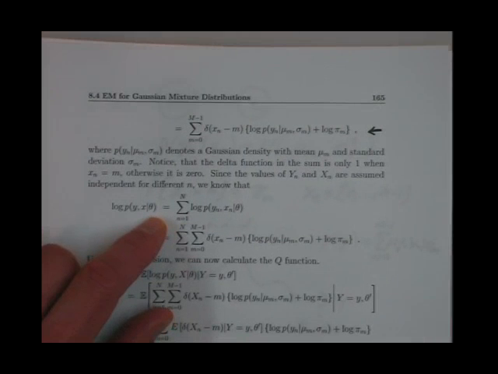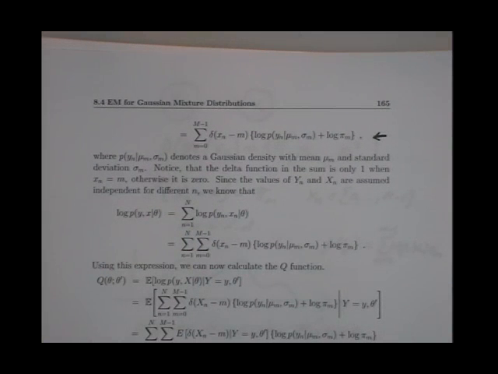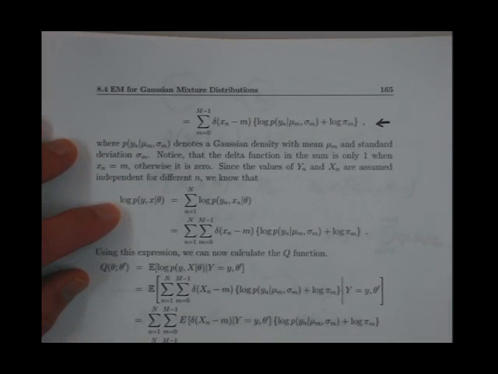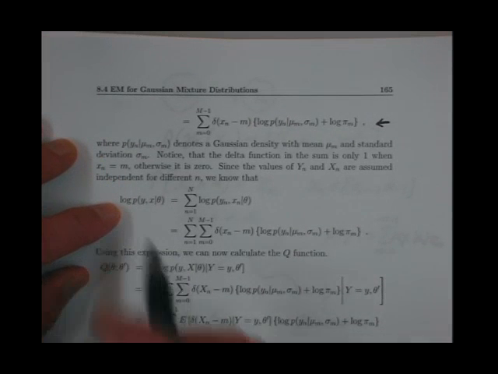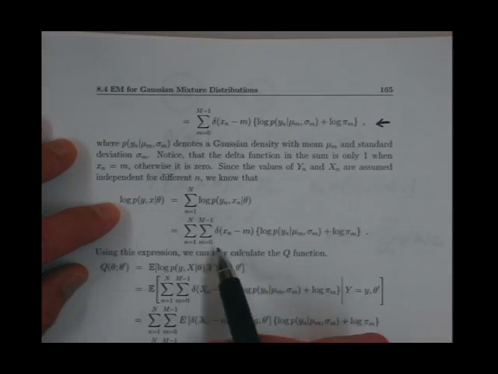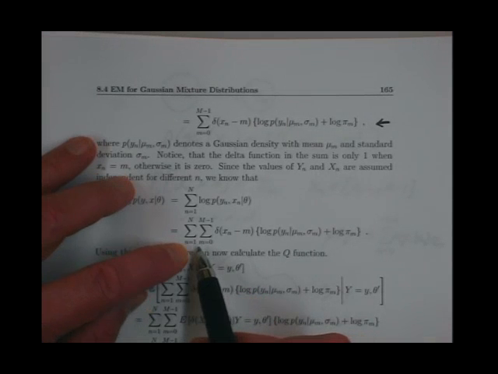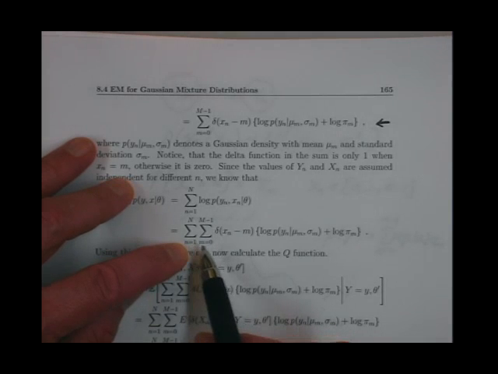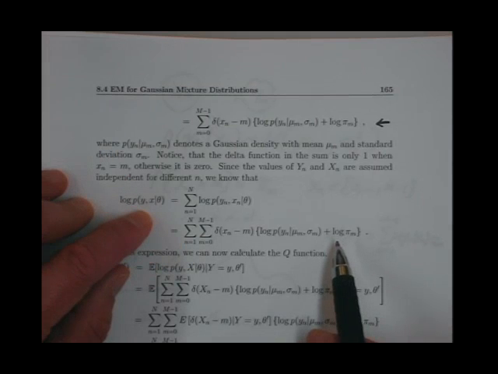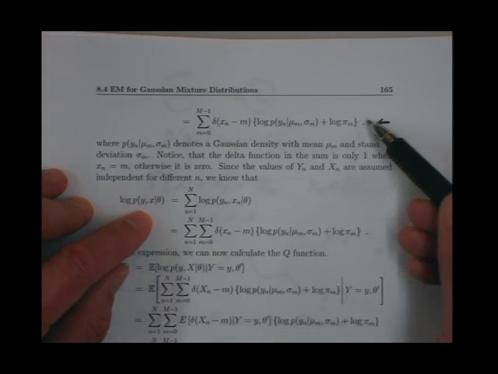Yeah. Now, we're back on page 165, section 8.4, and we have an expression now for the log of P of y, x given theta, and it's got a sum over n and a sum over m. So we sum over all the points in time, and we sum over all the classes for each point in time. And this will be the joint distribution, because we just plug this expression in.